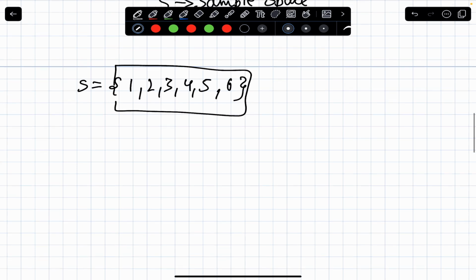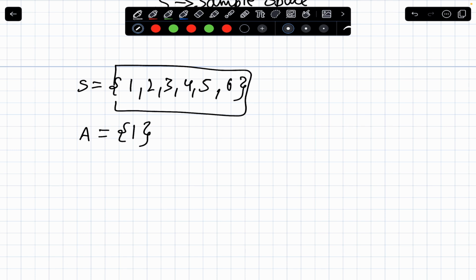Now we have an event A, and it says that the outcome this event will give us will be 1.